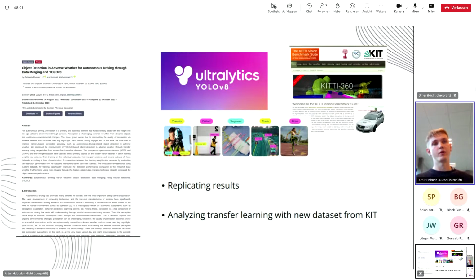We first trained the model from the paper on this KITTI dataset, and then we did another iteration in which we trained the model first on the adverse weather conditions dataset, and then we also trained and tested it on KITTI to see if results improved through transfer learning.